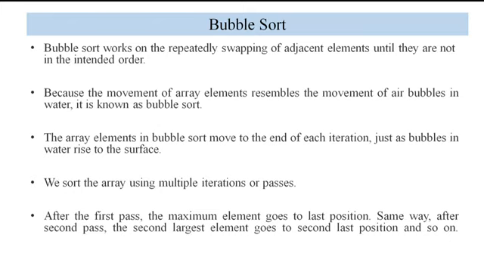Meaning to say that in this sort we compare the first two elements initially, and then we see whether the first element is smaller or greater than the second element. If we want to arrange the list in increasing order and the first element is bigger than the second element, then swapping will be required. Once swapping is done, then in the next iteration we will compare the second element with the third one.